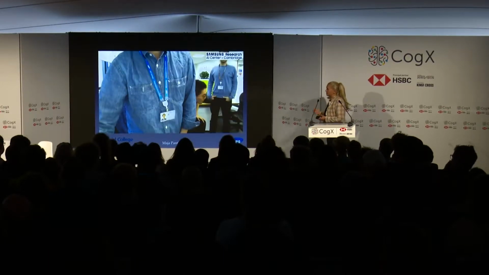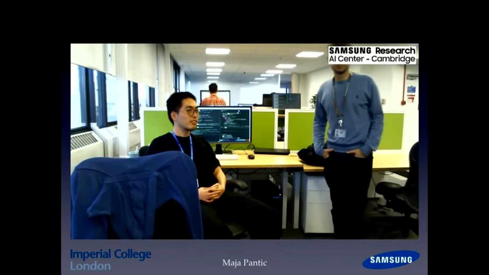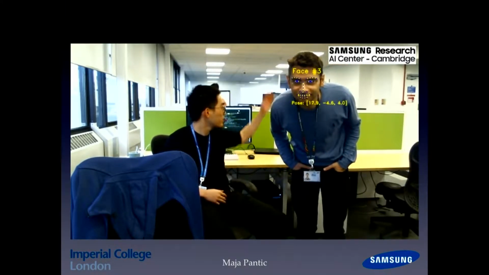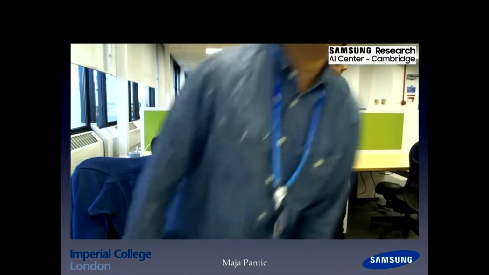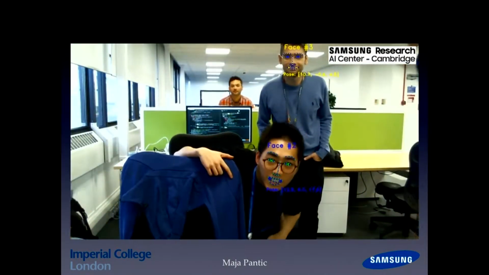The most recent research that we did is in a similar field, and it's done in Samsung AI Center in Cambridge, and it is actually on recognition and re-identification of people in the scene, people whom you never saw. So we can learn the models of these people very quickly.